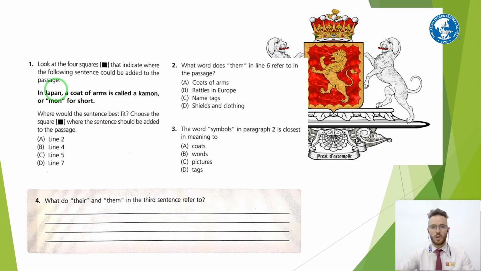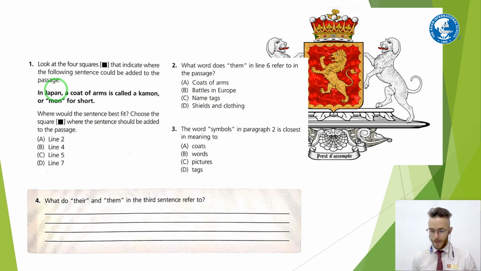Question number 2, what does the word them in line 6 refer to? Coats of arms, battles in Europe, name tags, or shields and clothing, and that would be A, coats of arms. Number 3, the word symbols in paragraph 2 is closest in meaning to coats, words, pictures, or tags.